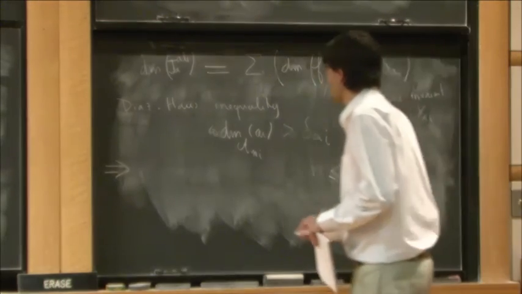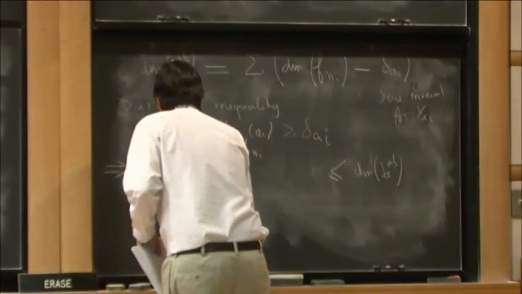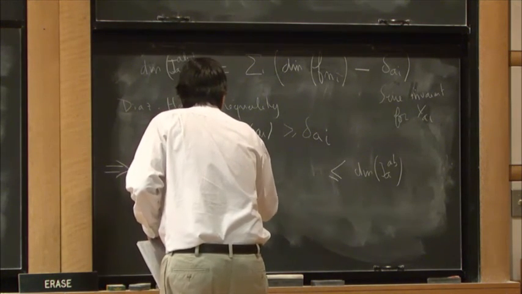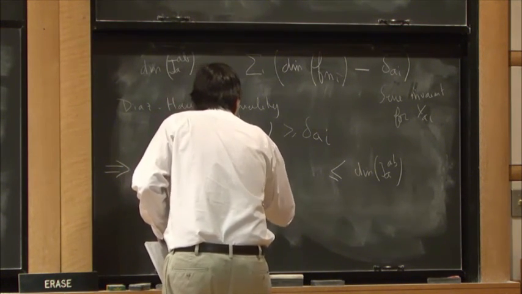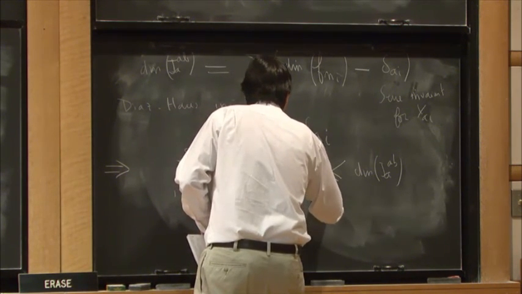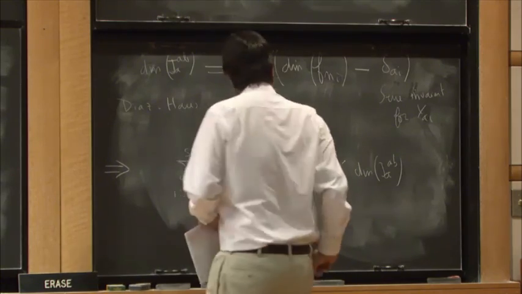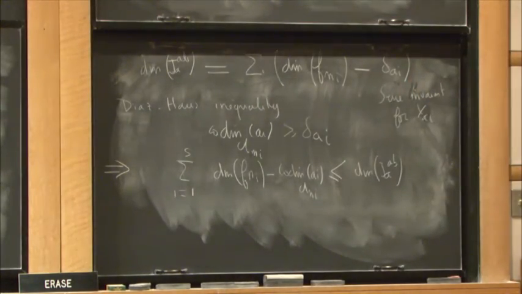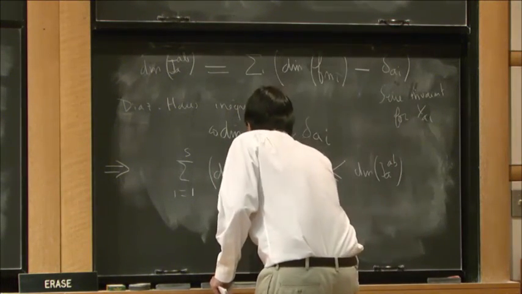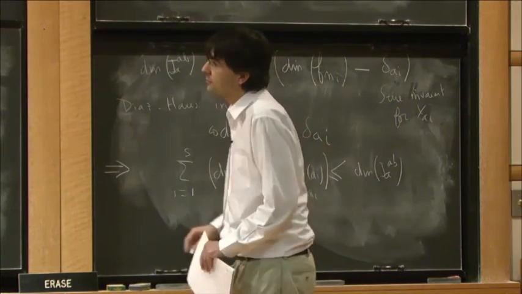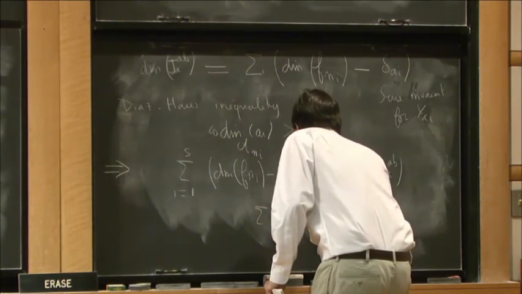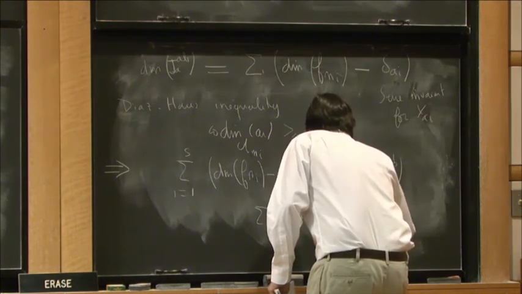So this is bigger than the sum over the indices i from 1 to s of the dimension of the Hitchin fibers in rank n_i minus the codimension of A_i in the bases in rank n_i. But now the morphism phi lambda is finite. The sum of the dimension of A_i is equal to the dimension of the point A.